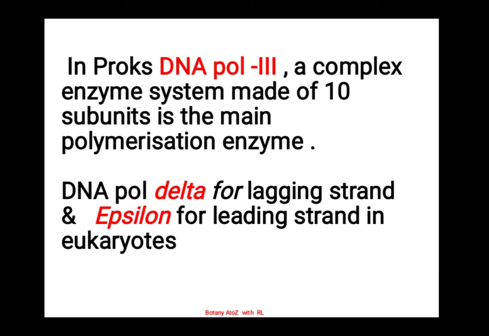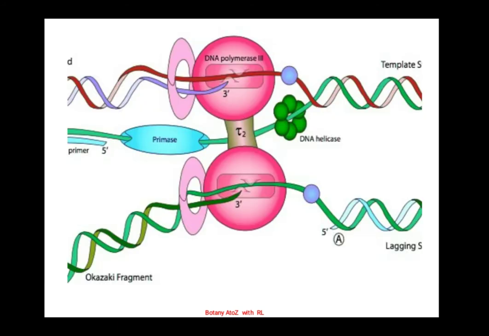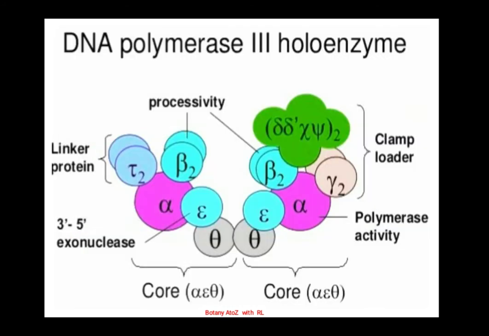It is a large, complex enzyme comprised of 10 different subunits. And these 10 different subunits actually form 2 major, slightly different dimers. Here you can see. So there are many subunits in this DNA polymerase III holoenzyme.